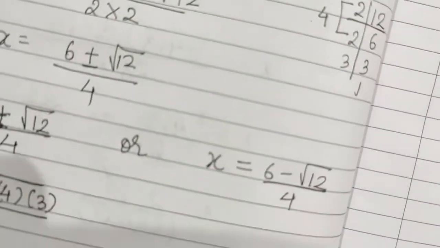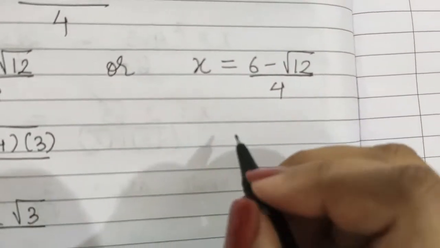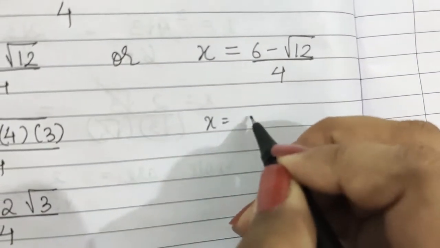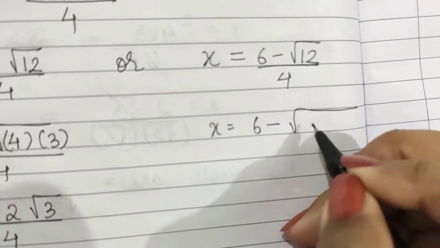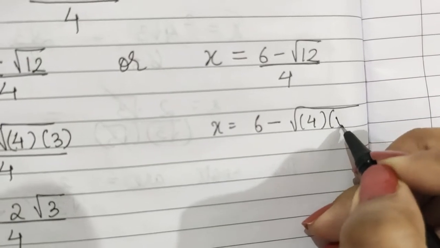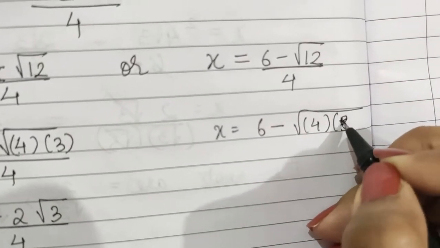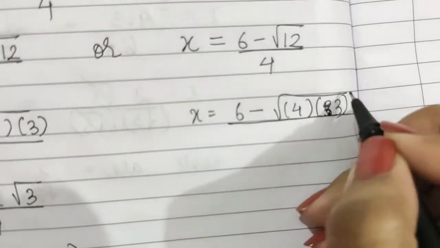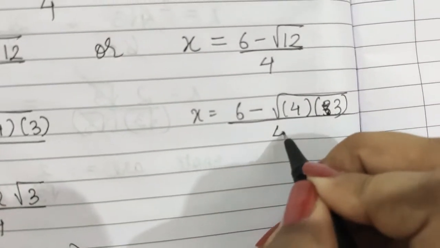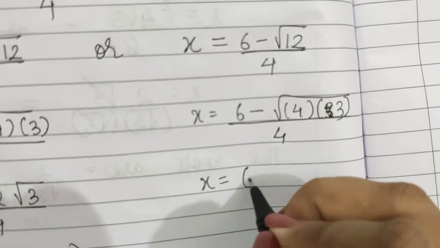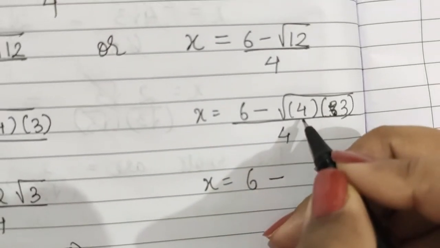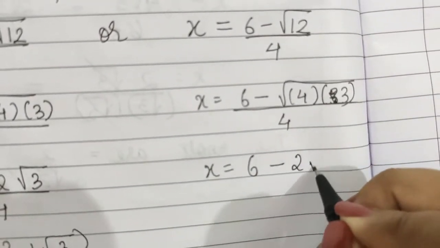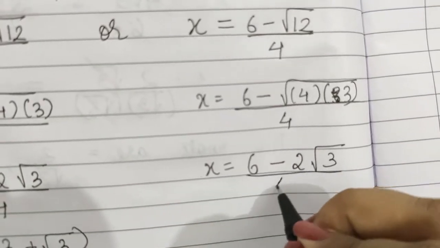Let us see the other part. This will be x equals to 6 minus under root of 4 multiplied by 3 upon 4. X equals to 6 minus. Now root 4 we can take it out as 2 root 3 whole upon 4.